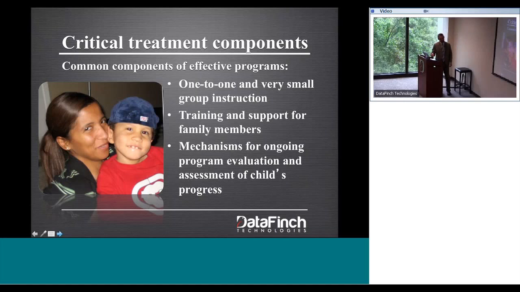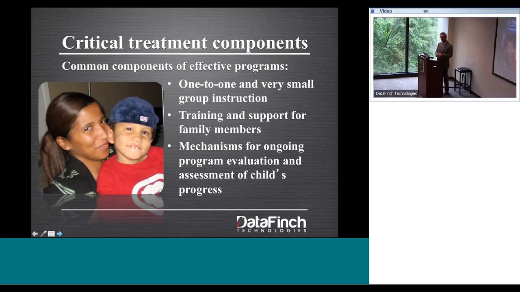And then it's also important that there are mechanisms for ongoing evaluation and assessment of the individual's progress. So you'll see in the segment on applied behavior analysis that it's critical that we are constantly evaluating, okay, where is this kid now? How does that affect what we're trying to teach? Have they learned this? Do they need to learn a new thing? Should we prompt a little bit less? What's the next step up? What's the next most complicated skill?